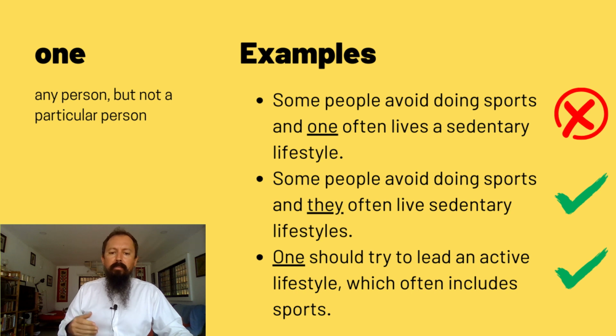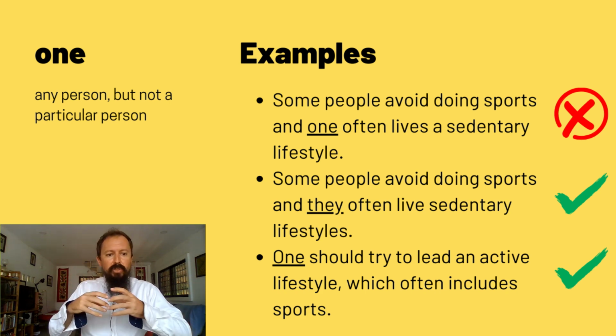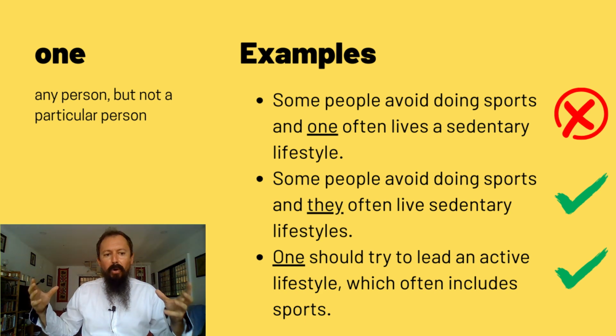So one means any person, but not a particular person. So let's understand it better by looking at how we get it wrong. So some people avoid doing sports, and one often lives a sedentary lifestyle. On the one hand, it kind of sounds correct, but it's not right because previously we were referring to some people. Now, we've then changed focus a little because one is, well, it's one person, right? But it's an imagined one that also encompasses like all people.